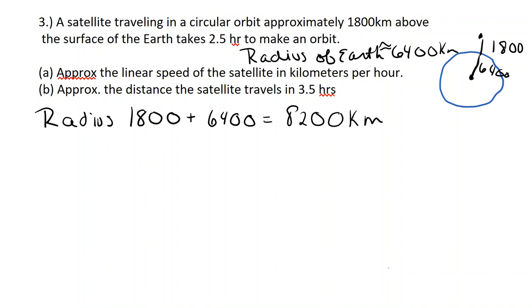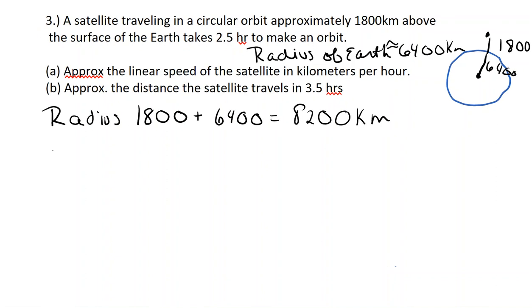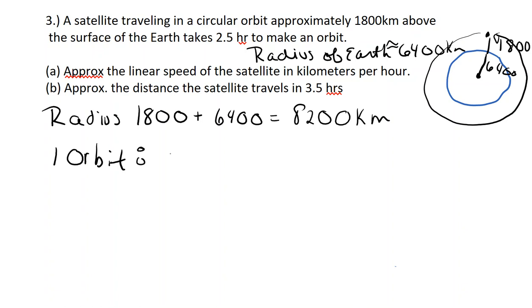So one thing that we also want to know is that one orbit, that's one full time around. So think about what that is in degrees, because that's important. It's 360 degrees, but it is also then 2 pi radians to go all the way around.